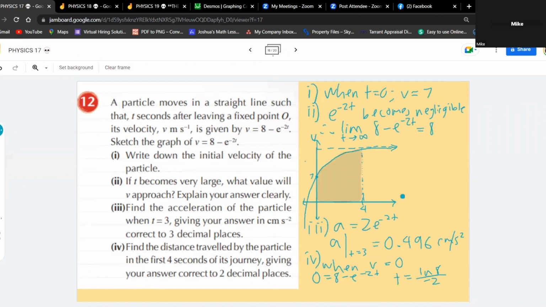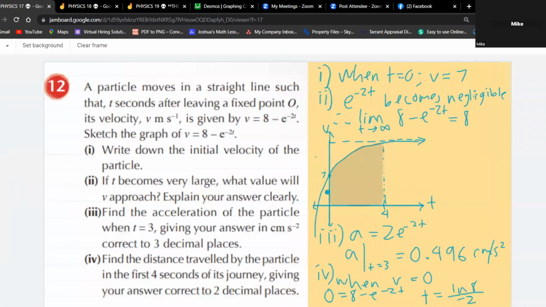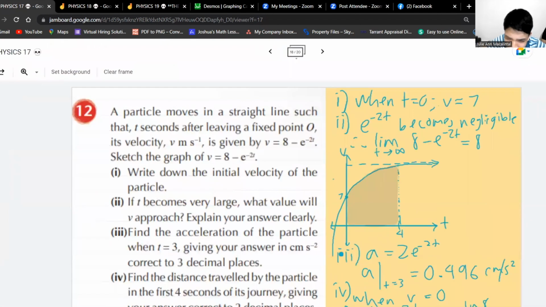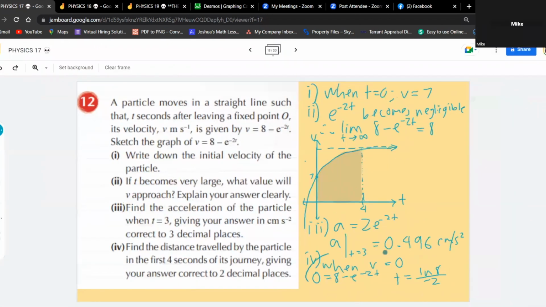Okay. So, we need that area to get the distance traveled. I don't need this reversal. Haha, bye. So, set up... Ganun lang po pala siya.